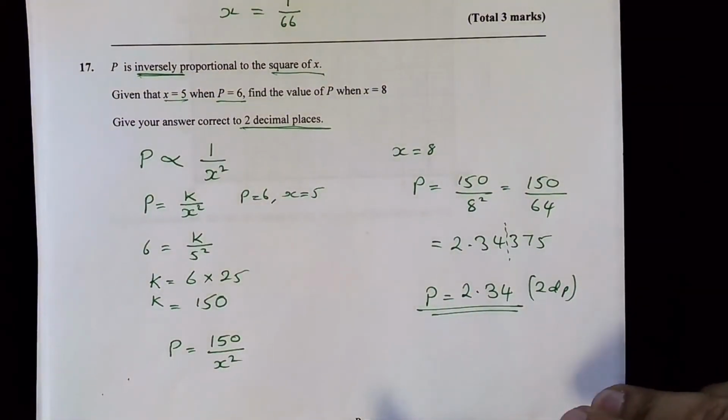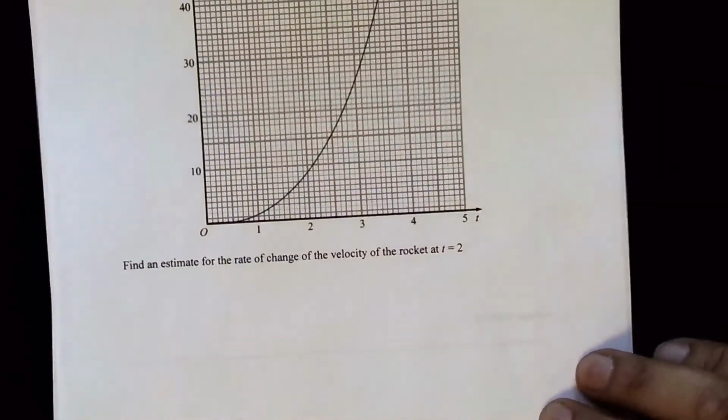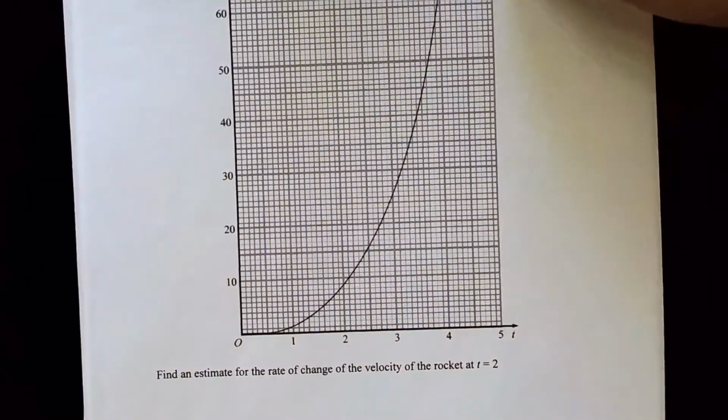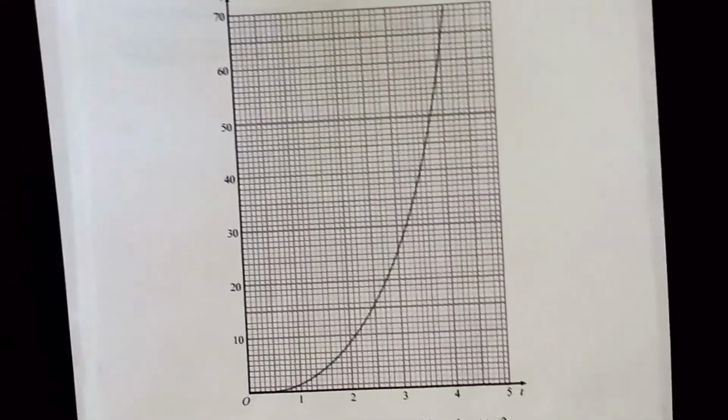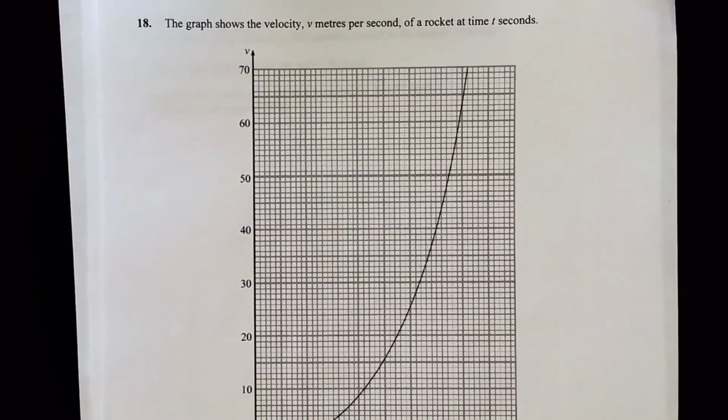Question 18. For question 18, it gives you a graph, and it reads that the graph shows the velocity v meters per second of a rocket at time t seconds.